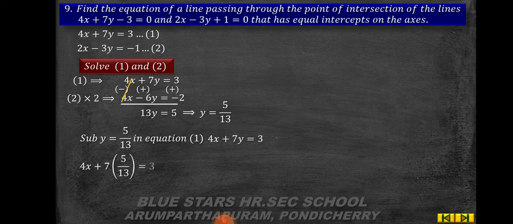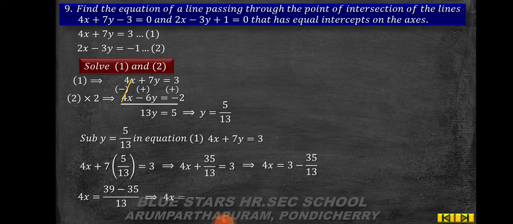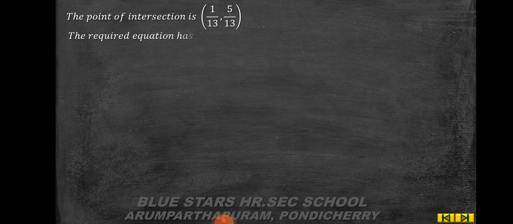So 4x + 7 into 5/13 is equal to 3. 4x + 35/13 = 3. 4x = 3 - 35/13. 4x = (13 into 3 is 39 minus 35)/13. 4x = 4/13. So the value of x is 1/13. The point of intersection is (1/13, 5/13).